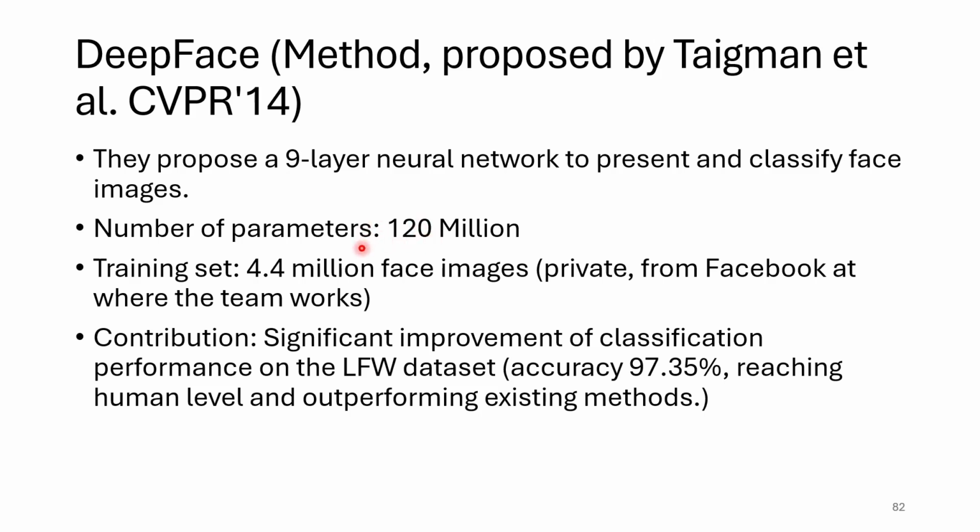However, they used 4.4 million face images. In that year, that was the biggest dataset. Why? Because the team is from Facebook, and there are a lot of face images available on Facebook. So they created a network with only 9 layers, but it is called DeepFace because it was deep enough for that year.